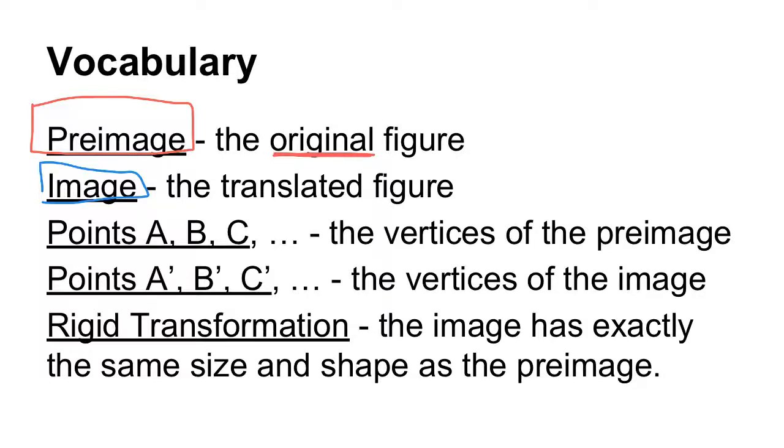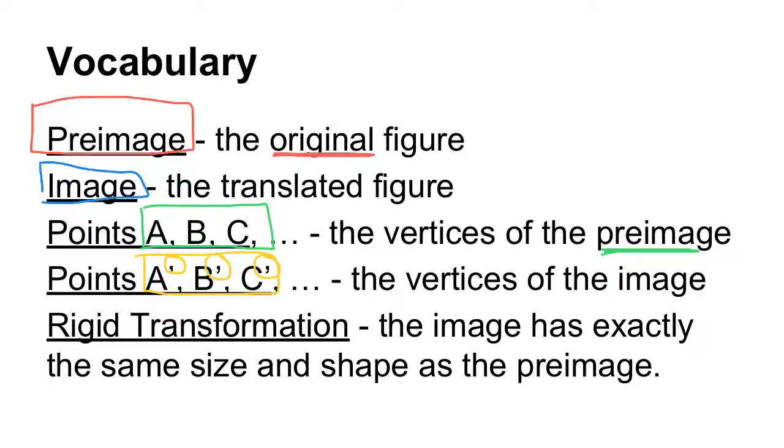This is the after. Now, when we are talking about figures, we will label the vertices. The vertices are the corners. You'll always know which one is the pre-image because it will have the A, B, C. So these are my pre-image corners. On the other hand, if you see these little apostrophes, these are called prime marks.